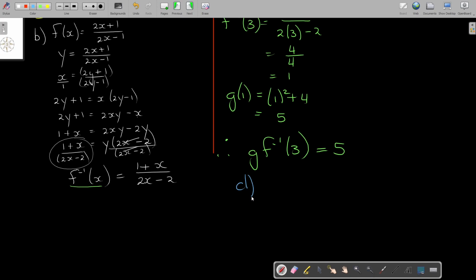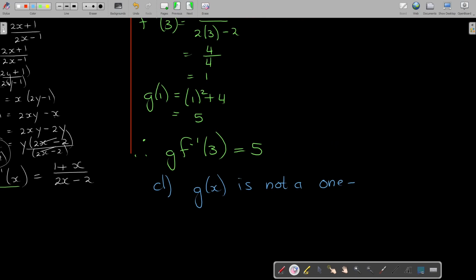So in number D, say G of x is not a one-to-one function. Therefore, G inverse, the inverse function, cannot be found.